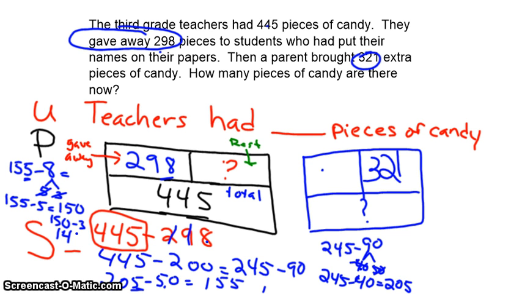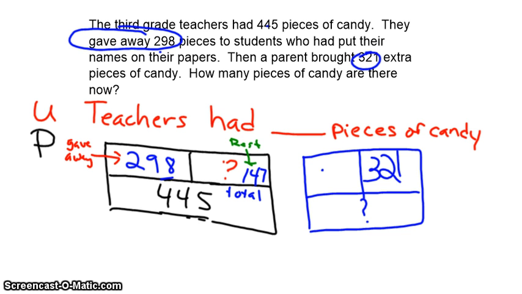Start at 150, then go backwards: 50, 49, 48, 47. Yes. 147. That's what goes right here. Okay.